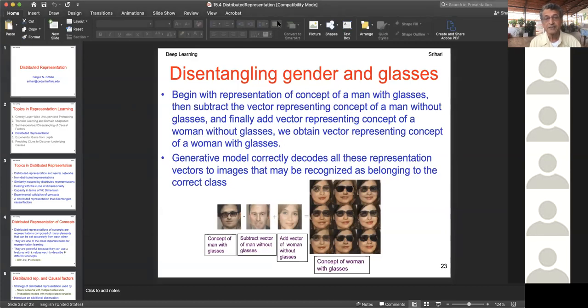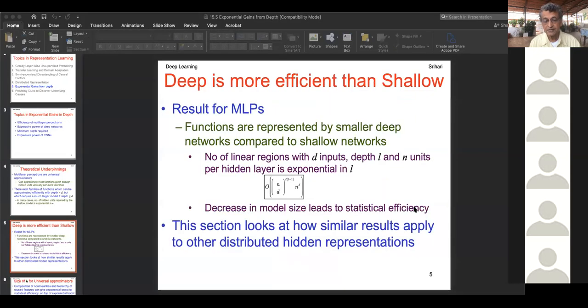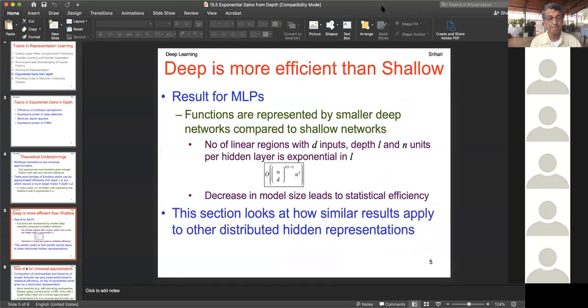Let me, okay, I need to go to sharing. New share, okay, new share. And okay, that's the one. Are you able to see it now? Yes, sir. Thank you.